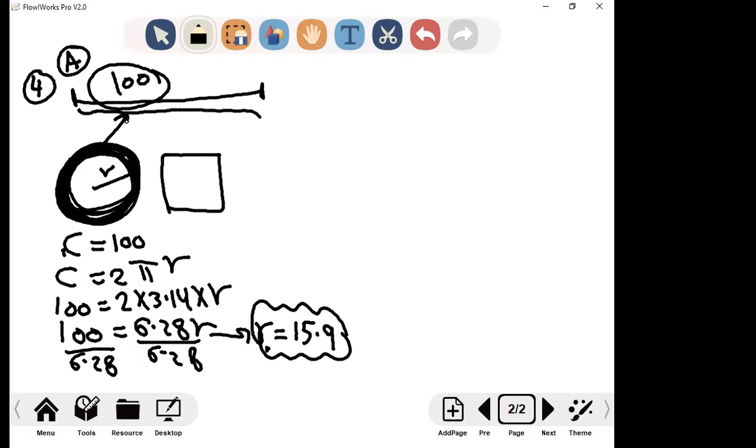Okay. Now I get this radius. I'm ready to find what? The area of what?